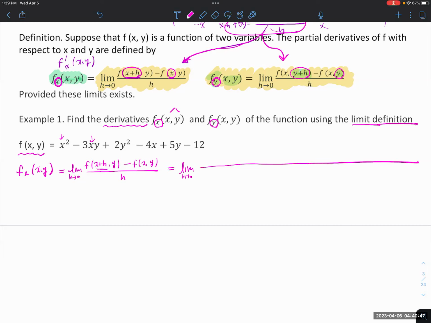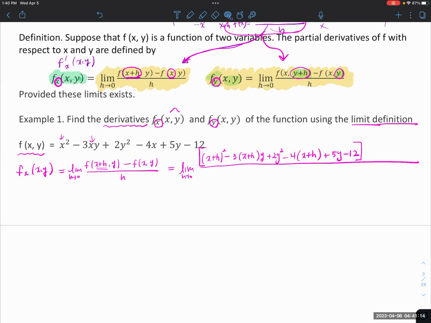So what is f of x plus h? It is x plus h squared, minus 3 times x plus h times y, plus 2y squared, minus 4 times x plus h, plus 5y minus 12. Basically, you substitute x plus h into all the x parts. This is the first term.